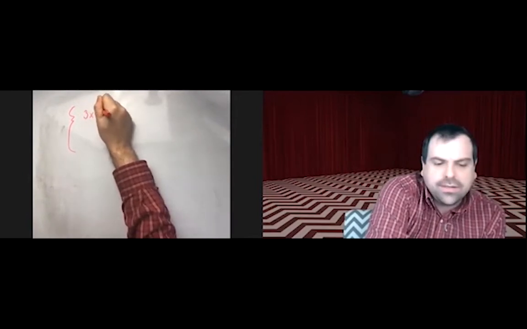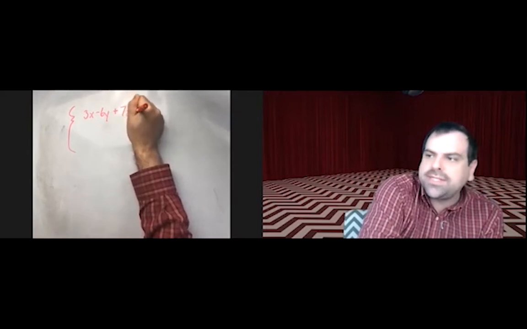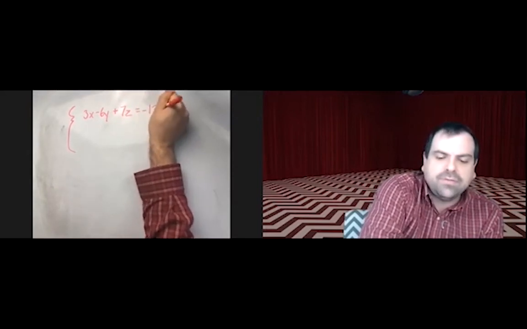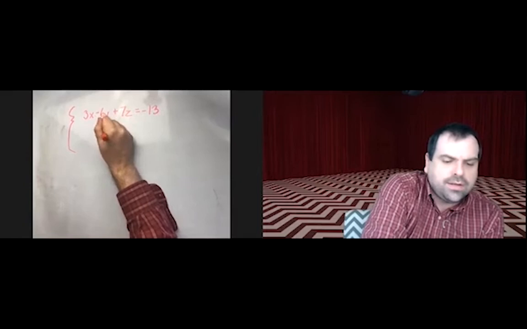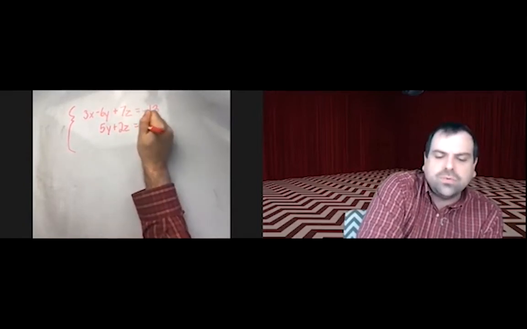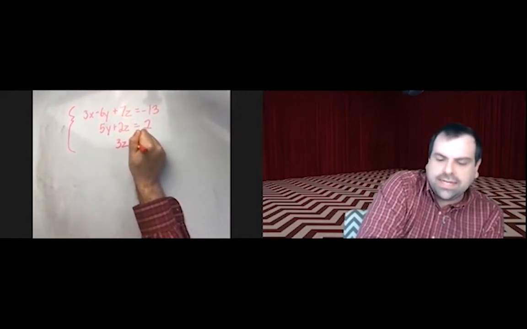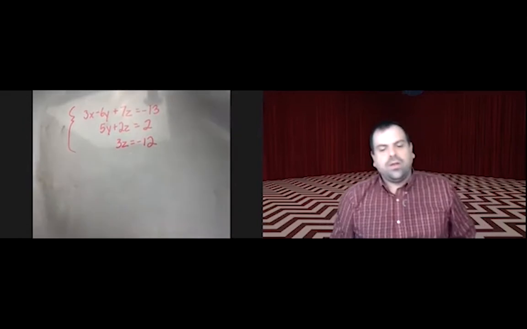We have the system 3x minus 6y plus 7z equals -13. 5y plus 2z equals 2. And 3z equals -12.